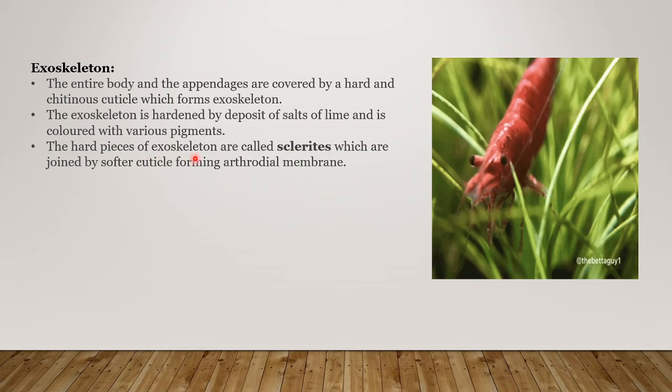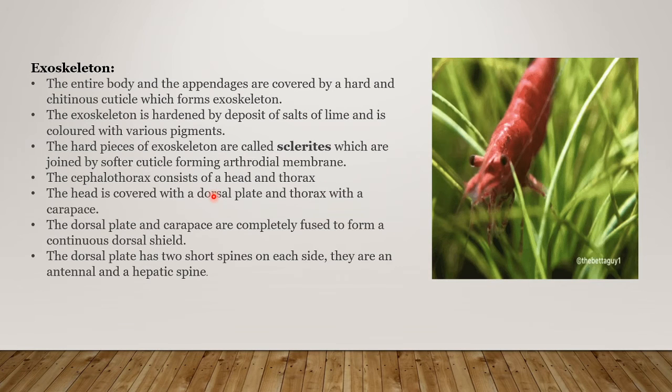The hard pieces of exoskeleton are called sclerites, which are joined by softer cuticle forming arthrodial membranes. Cephalothorax consists of a head and thorax. Head is covered with a dorsal plate and thorax with a carapace. The dorsal plate and carapace are completely fused to form a continuous dorsal sheath. The dorsal plate has 2 short spines on each side. They are antennal and hepatic spine.